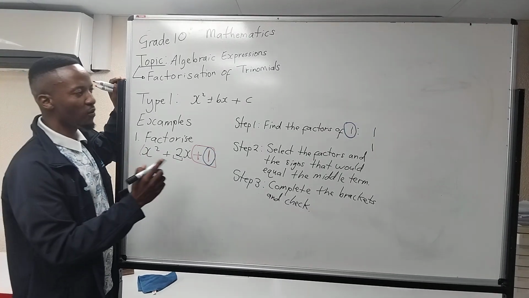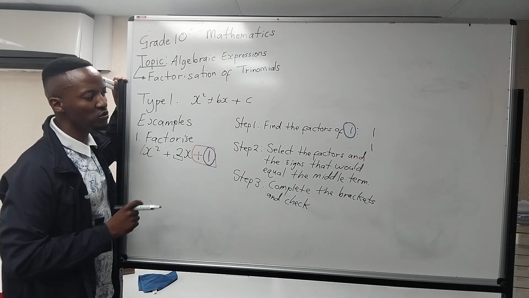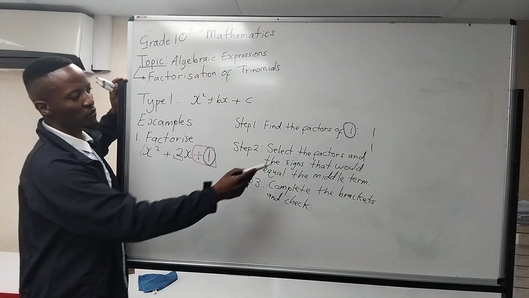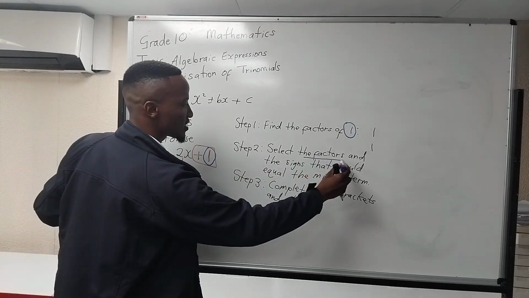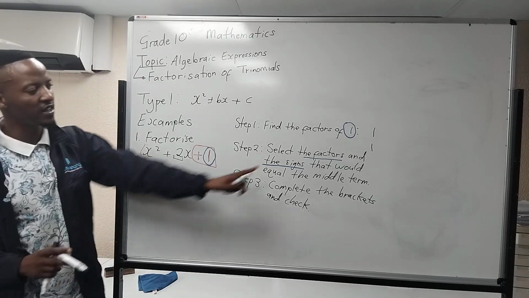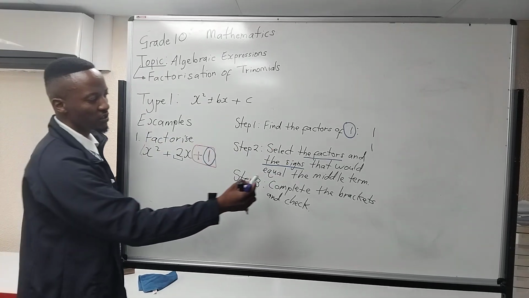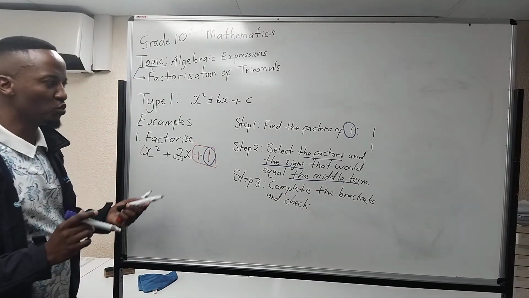So step number 1, we already have the factors. We move now to step number 2, whereby we select the factors, but you don't only select the factors, they go hand in hand with the signs. In other words, we choose the factors and the signs that would equal the middle term. Now, what are we going to do?